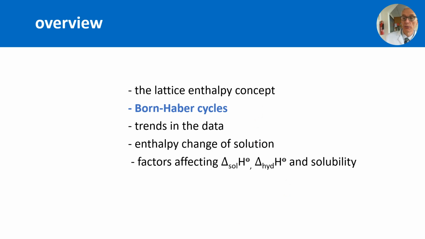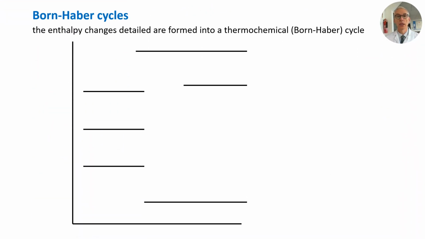We're now going to move on to calculating lattice enthalpy using Born-Haber cycles, which is dependent on the correct use of the enthalpy change definitions we have just reviewed. So let's construct a thermochemical cycle which allows us to calculate lattice enthalpy.